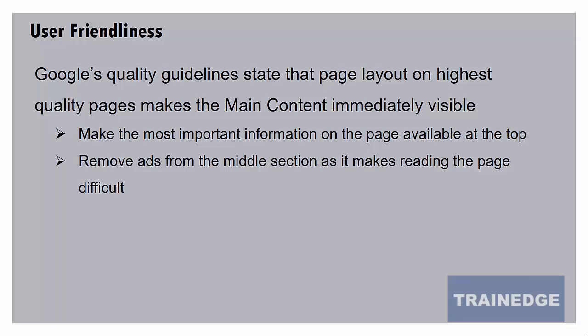You may have seen a lot of websites where pages are full of ads, not just on the sides but also in the middle of the content. Those ads are annoying. They make it difficult for people to read the content. And when Google crawls the pages, it will see the ad code in the middle of the page and take that as a bad quality signal.